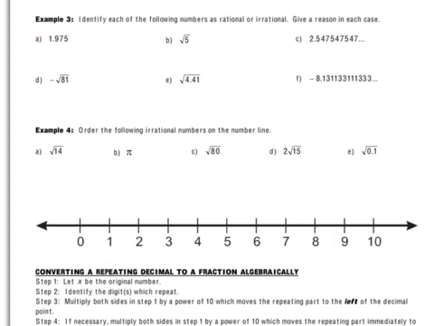Okay, moving on to example 3 on the next page. We have to identify whether the following numbers are rational or irrational, and then give a reason for each case. Well, the first one is a decimal, but it stops. Okay, it terminates. So it is a rational number, and then maybe a comma, and the reason would be because it terminates and it's non-repeating. So terminating and non-repeating.